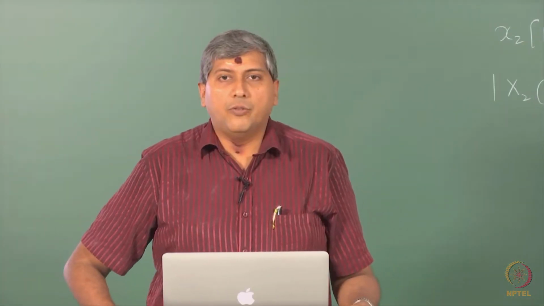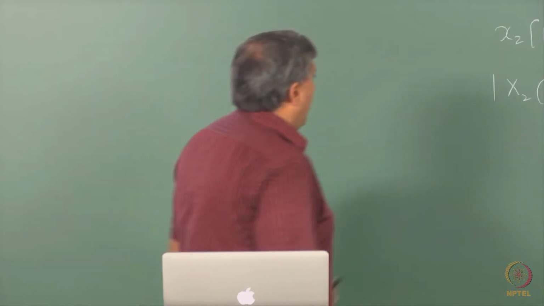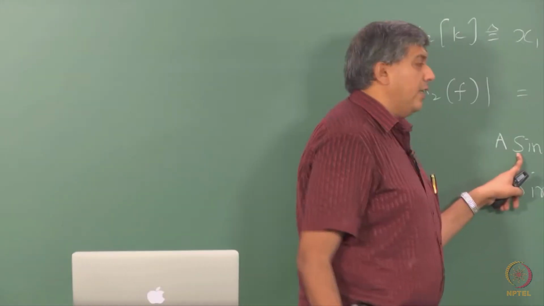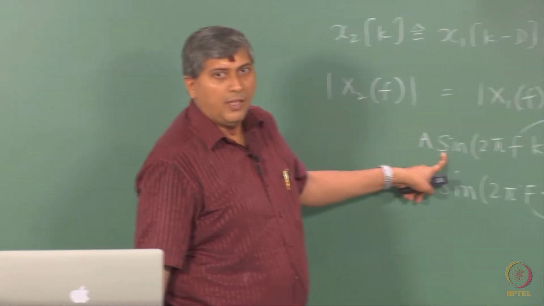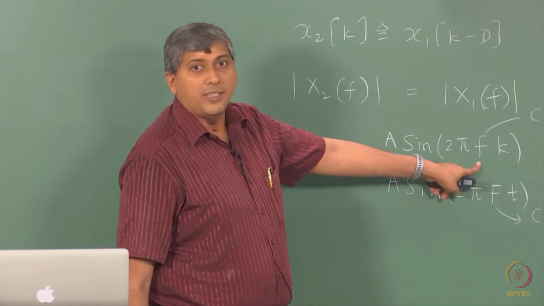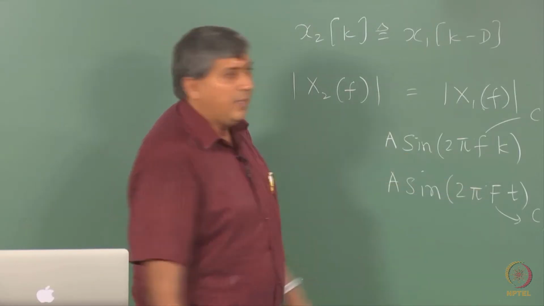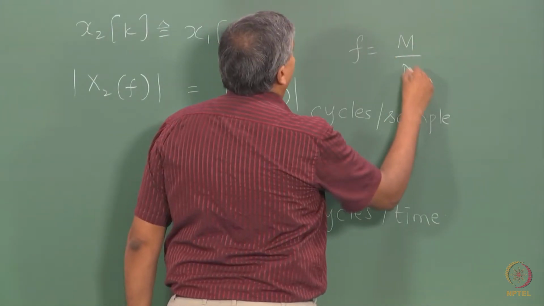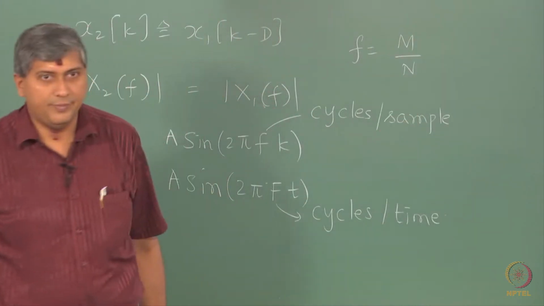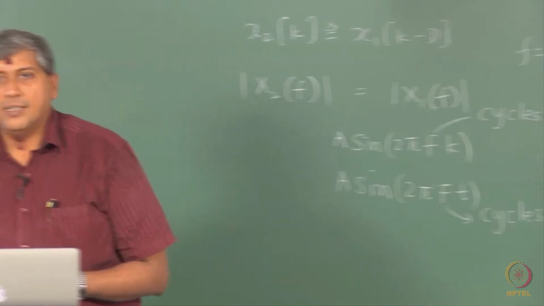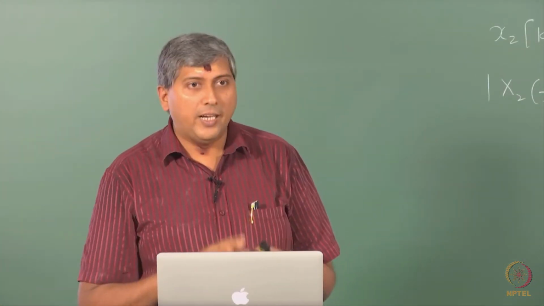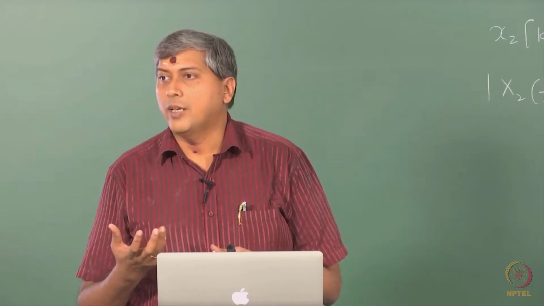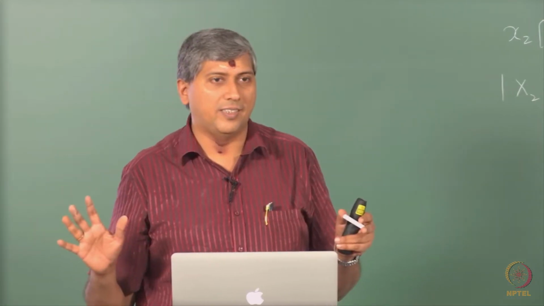And of course, you know the difference that this sine wave is not necessarily periodic unless f can be expressed as a rational number, right. If you are able to express f as some m over n, where m and n are co-primes, then n happens to be the period of the discrete time sine wave, whereas the continuous time sinusoid does not have any of these restrictions.